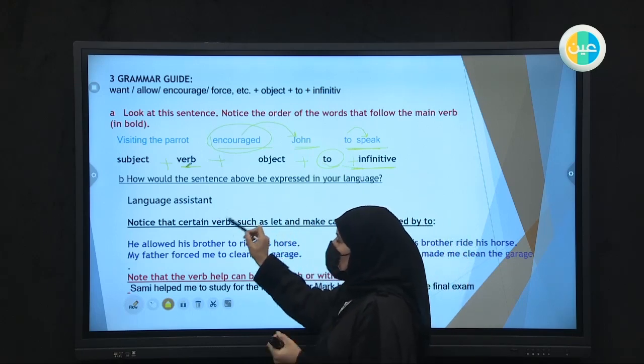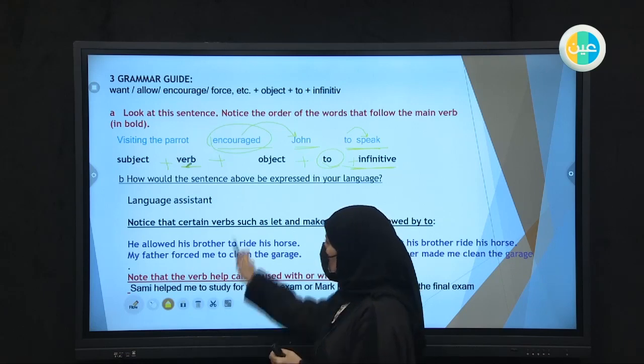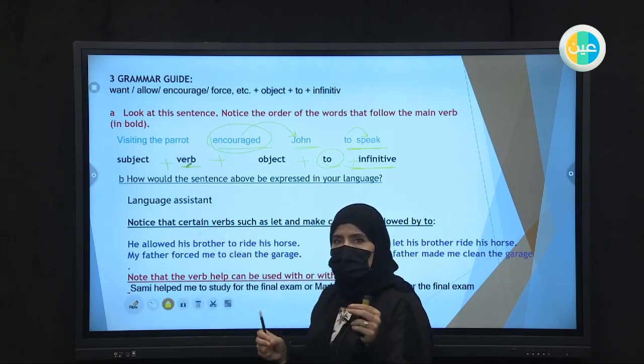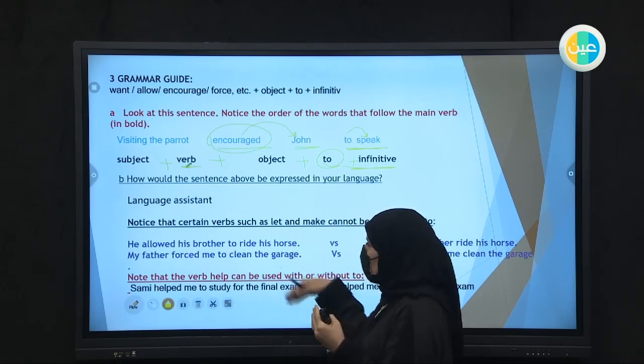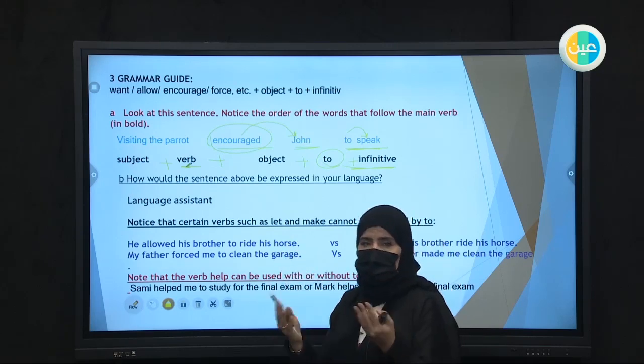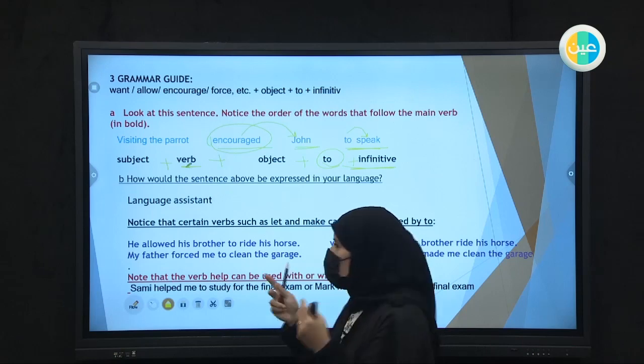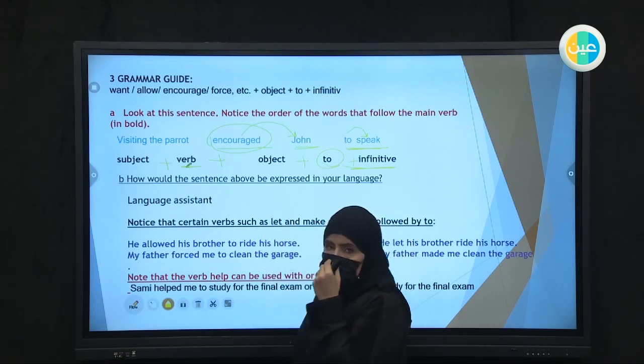Look here and you have to notice, when you have such a thing in your book, language assistant, it adds more information or clarification for the grammar rule.